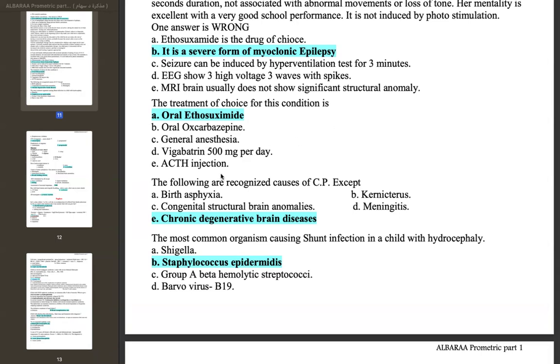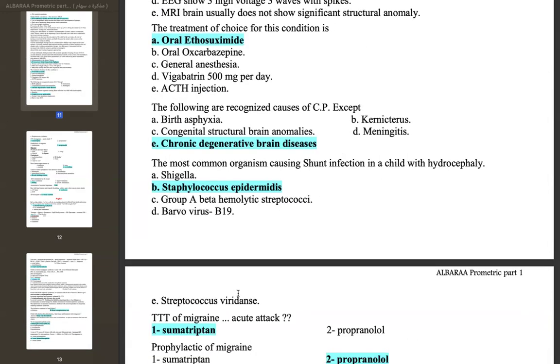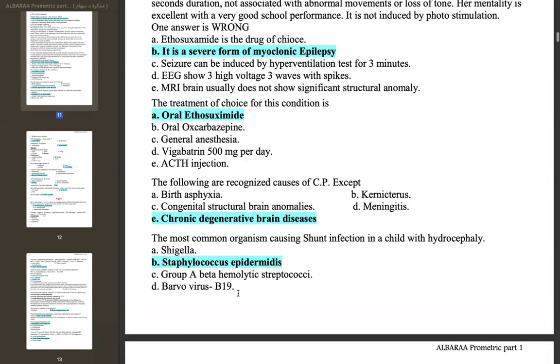Now we will start from this question. The most common organism causing shunt infection in a child with hydrocephalus. Okay. The options: Shigella, Staph epidermidis, Group A beta hemolytic Streptococcus, Parvovirus B19, Streptococcus viridans.